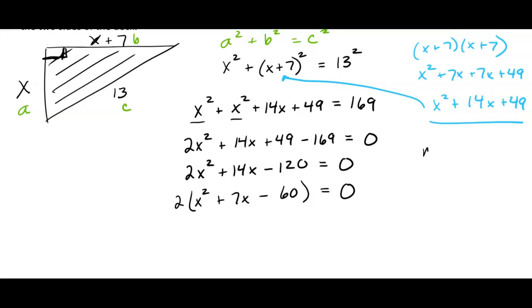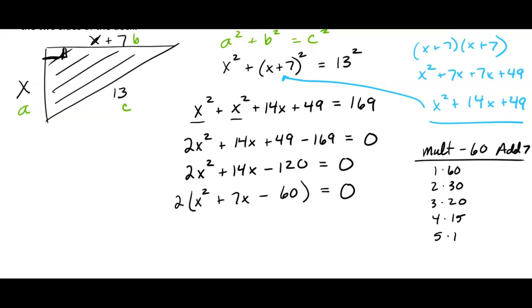I'm not coming up with them right off the top of my head. Probably should, but I'll just write them out. So 1 times 60, 2 times 30, 3 times 20, 4 times 15, 5 times 12. It's that one.